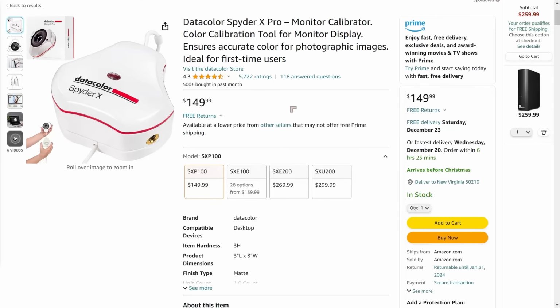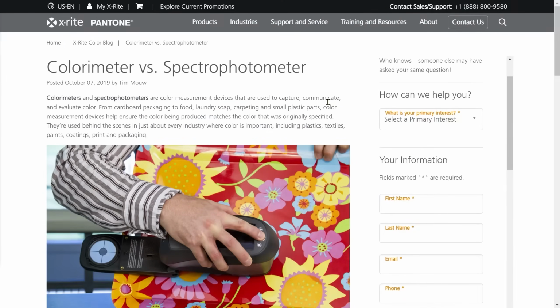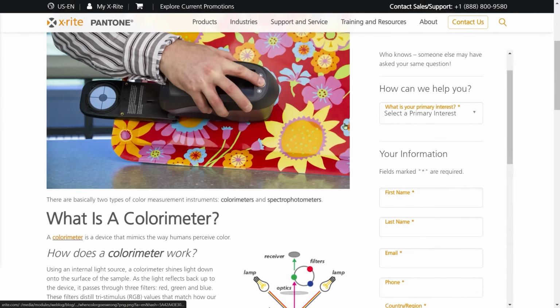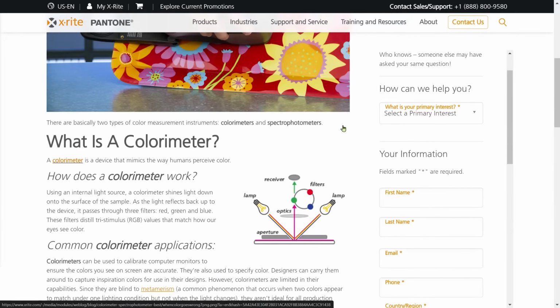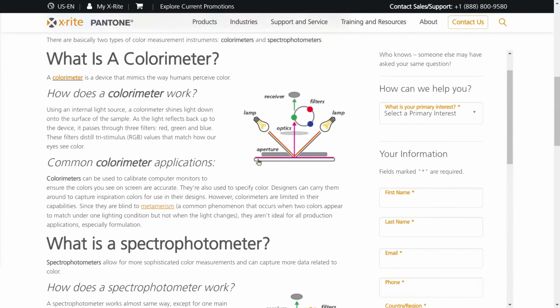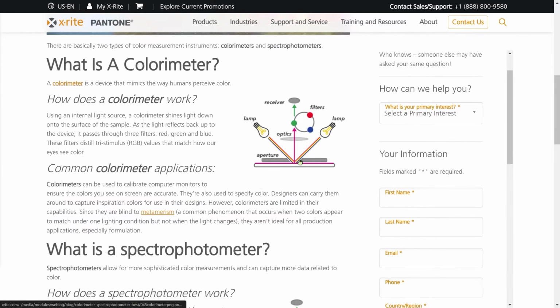This is a way of making sure that the colors in the monitor remain accurate. You get software, you get hardware. If you want to understand how these colorimeters work, I'll link to this page here, which is actually from Pantone X-Rite, and it will explain what these devices are doing and why you need them.